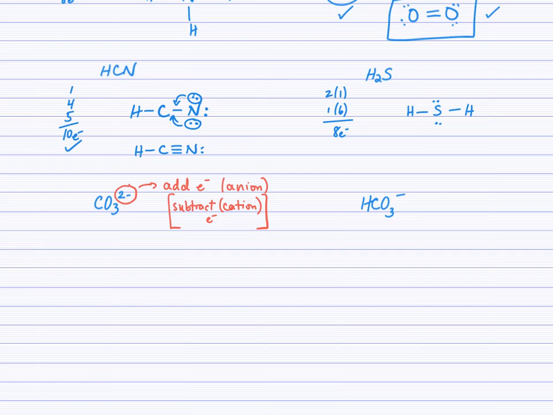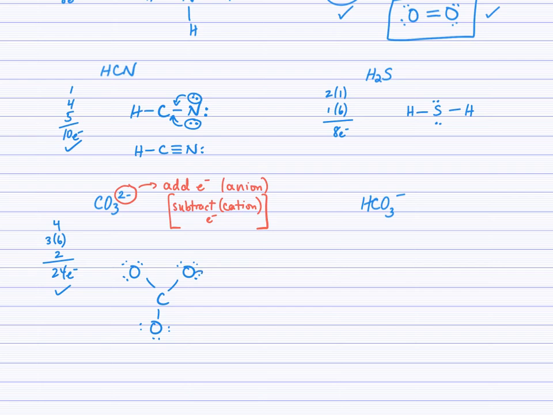So electron count, 4 for the carbon, 6 for each of the 3 oxygens, and 2 for that -2 charge. So 4 plus 18 is 22, plus 2, 24 electrons. Carbon in the middle, oxygen around, and now I place 2, 4, 6, 8, 10, 12, 14, 16, 18, 20, 22, 24. So all 24 electrons are in the picture, but unfortunately carbon is not stable.